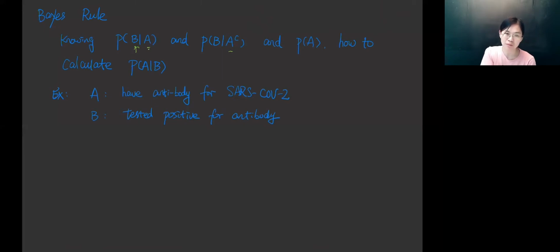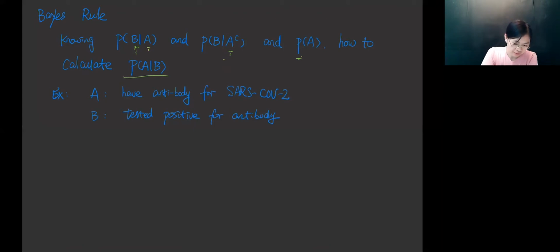A and A complement form a partition of the sample space. We know the conditional probability of B given A and given A complement. And we also know the probability of A, and as a result, we also know the probability of A complement. We know these three things. How do we calculate the probability of A given B?